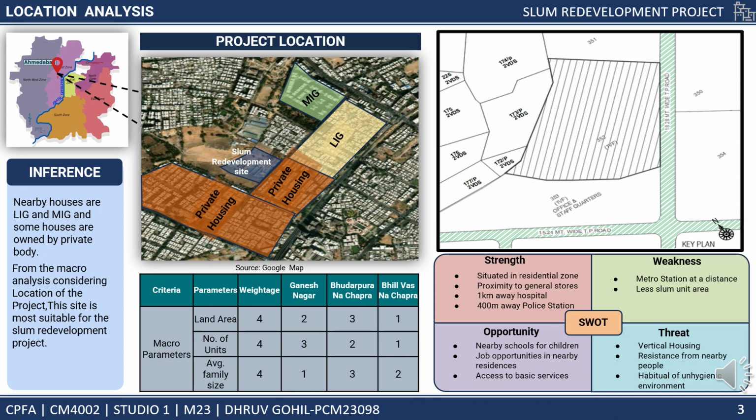The number of units in our site is 2016, the largest of all three slums, which is why the weightage for the number of units is highest for our project.